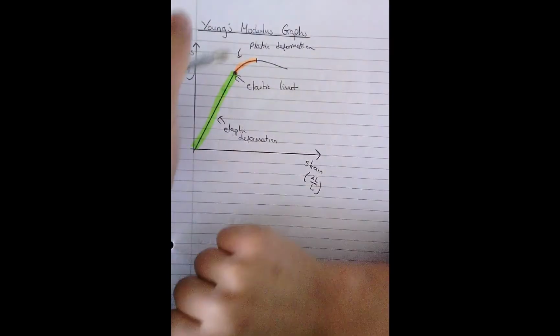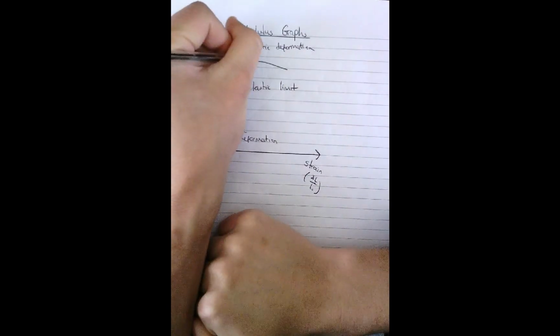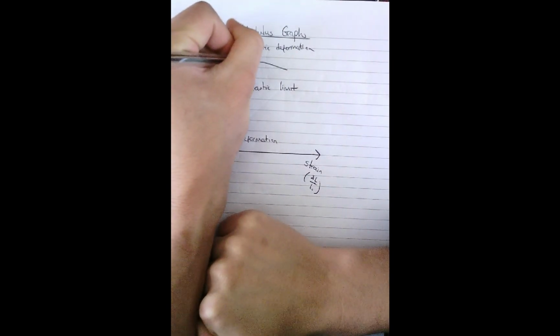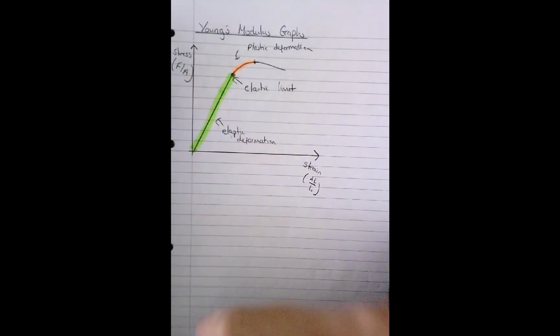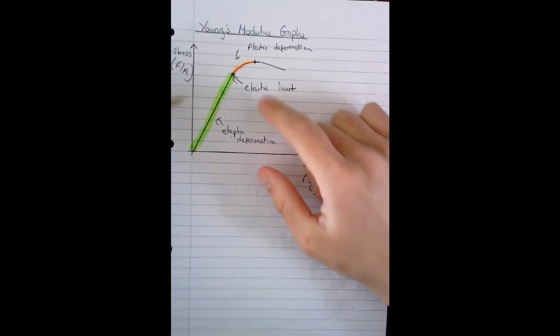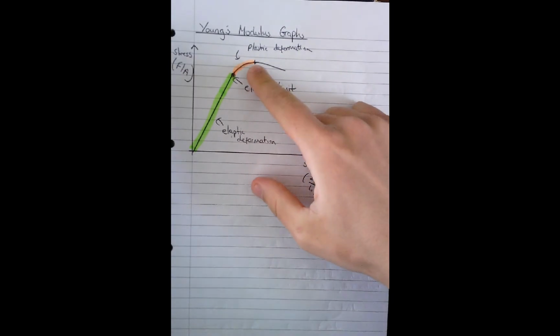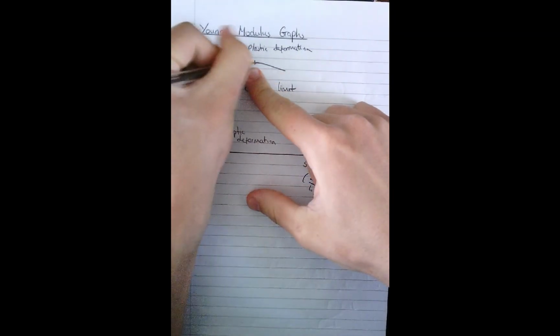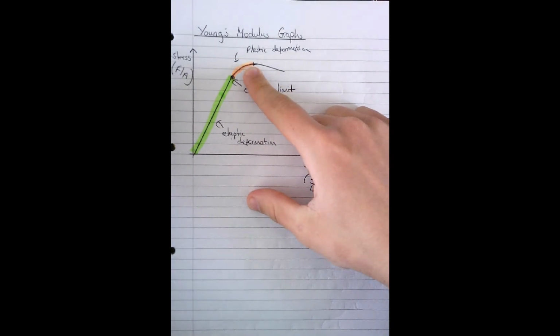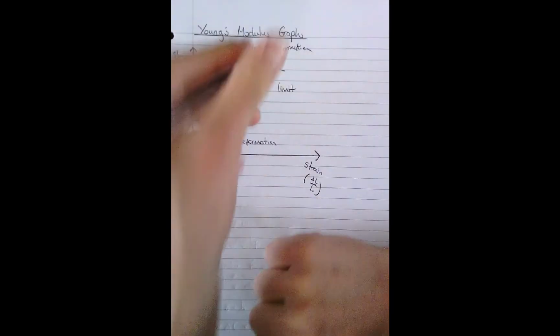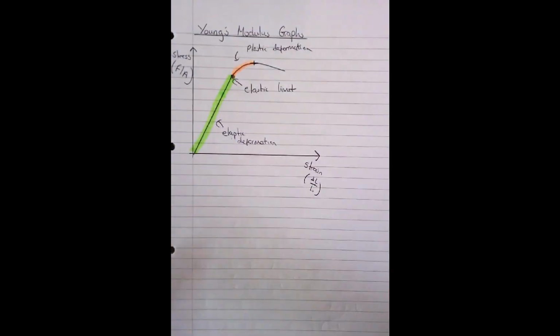And up here, the peak of this graph has got a very important name. Now, we can see at this peak, this material is under its maximum force. And this is the most force this material can generally hold without breaking.